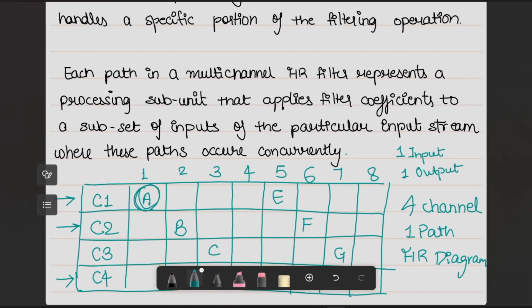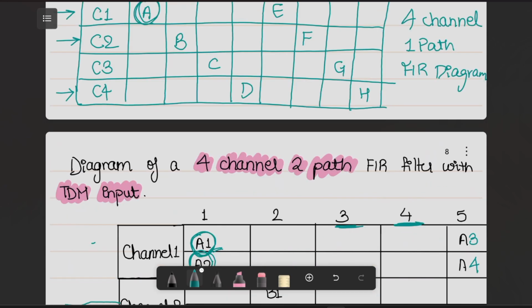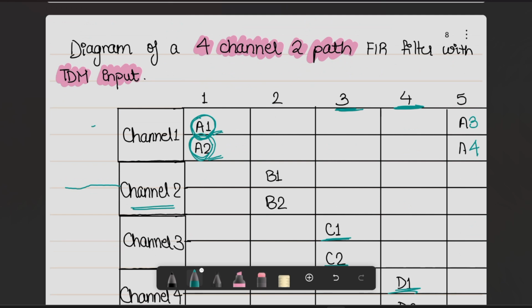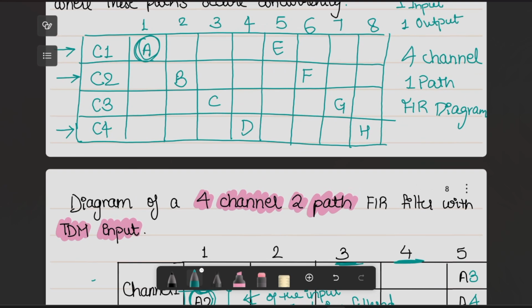So, each path over here is a processing subunit. It does not process the entire input, but it processes a subset of the input that is being filtered.